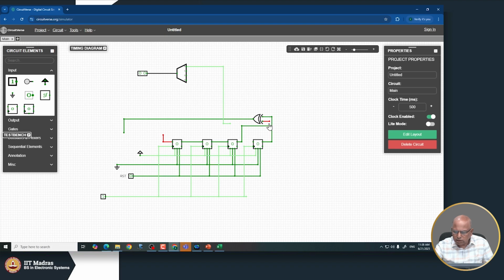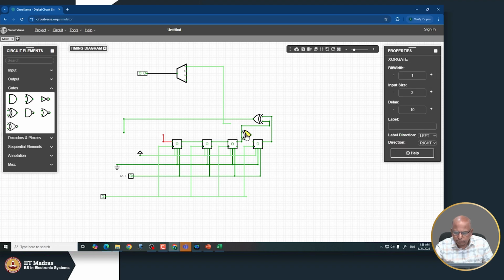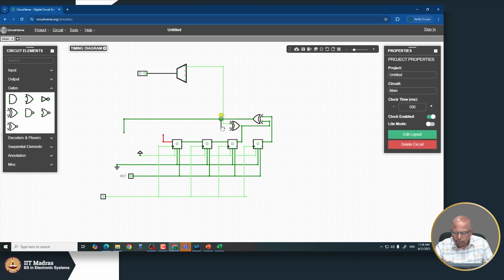So I have taken the XOR of the last 2 flops, and I'm going to take the XOR of this output and this guy. So take an XOR gate, and that should go here.